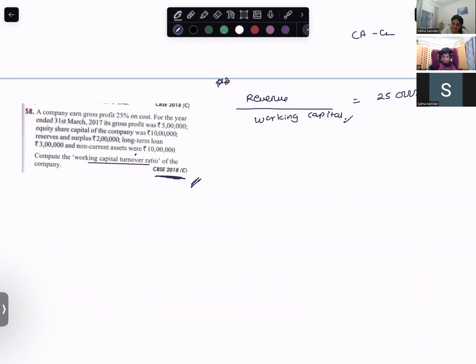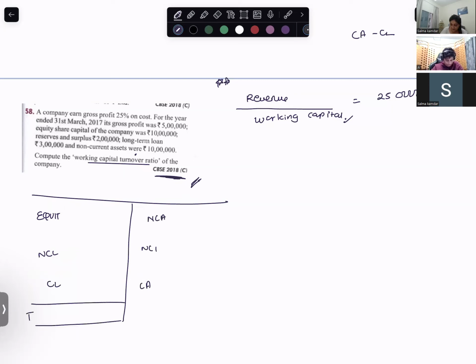So I will make a draft balance sheet. I will have my equity, my non-current liability and current liability here, non-current assets, non-current investments, and current assets here. This will be my TL and this will be my TA.